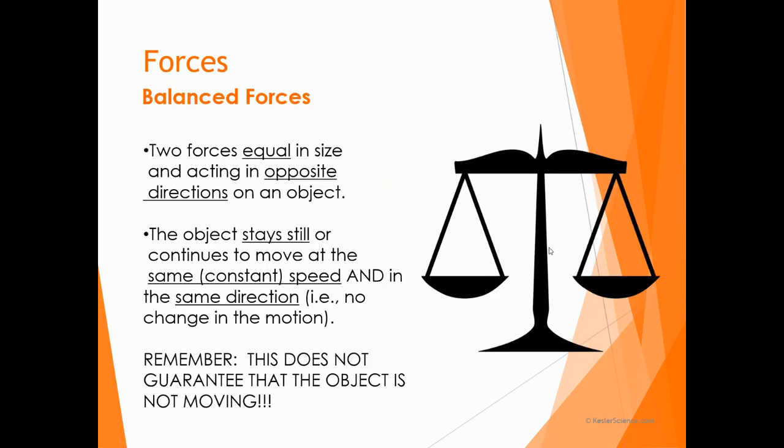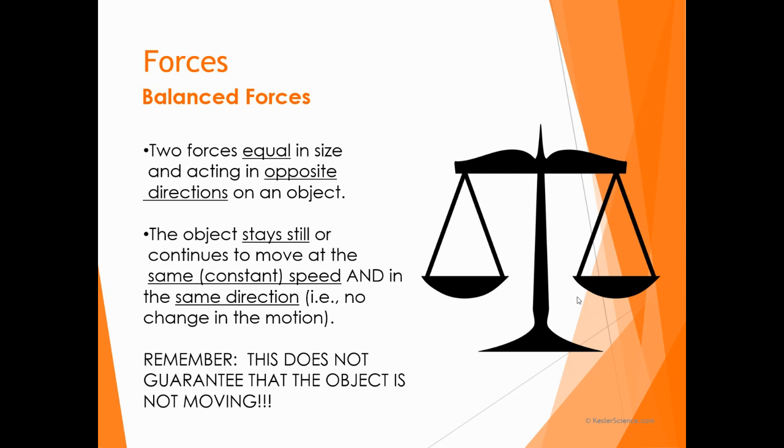So first thing we want to understand is what balanced forces are. And you may recognize the picture of the scale here. When you put things on a scale like this, if things are equal in mass, the scale will be balanced. And the same thing is true with forces. When you have two forces that are equal in size and acting in opposite directions, they are balanced.